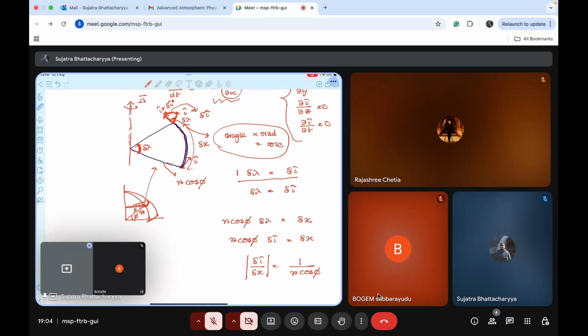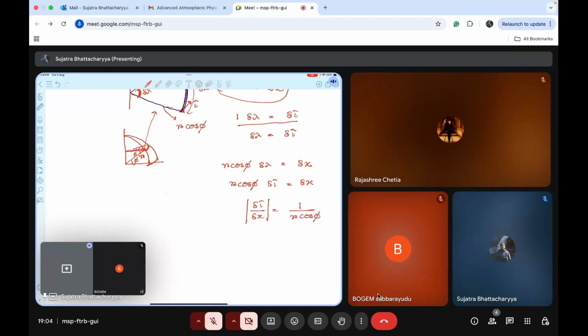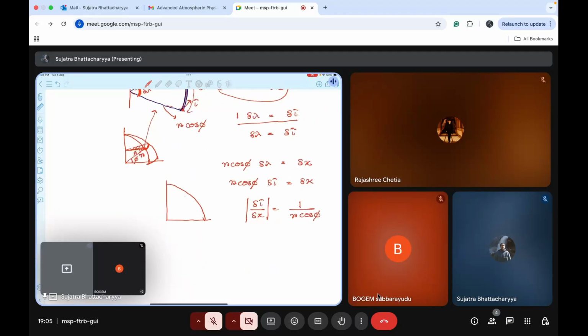Now this is nothing but the magnitude. But what is the direction? So the direction is here. If this is your Earth's surface, and you carefully look at your I hat, your resultant vector is in this direction. I have already got the magnitude. I need the direction. I already know that this is your J direction.